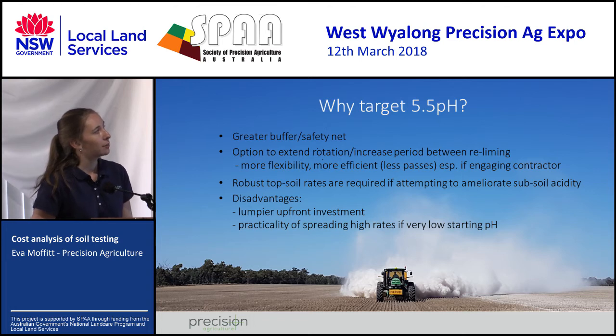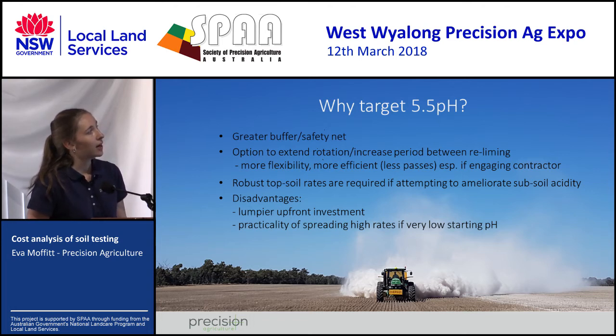Liming to a higher target pH means fewer passes, so especially if you're engaging a contractor, it's better to do more in one pass than lots of individual passes. Robust topsoil rates are required if you're attempting to ameliorate subsoil acidity. So if you've got acid soils down below, you're going to have to up your rates and work that in if you're going to do anything about it.